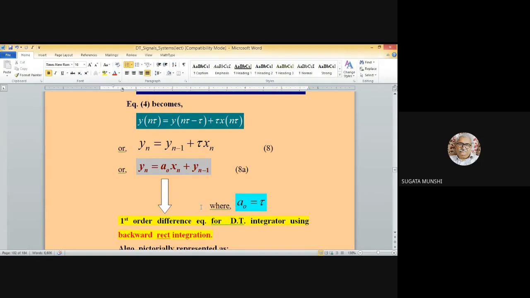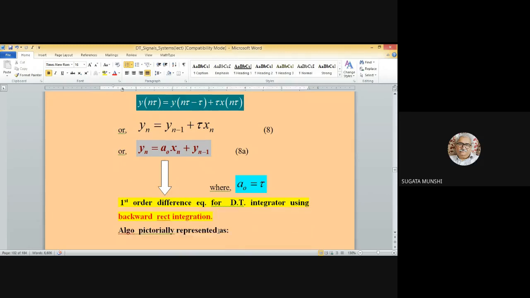The backward rectangular integration is the common usage. But you can also come across this forward rectangular integration. That's a little bit less common, but also not rare. In many cases, you will find that forward rectangular integration is also used.